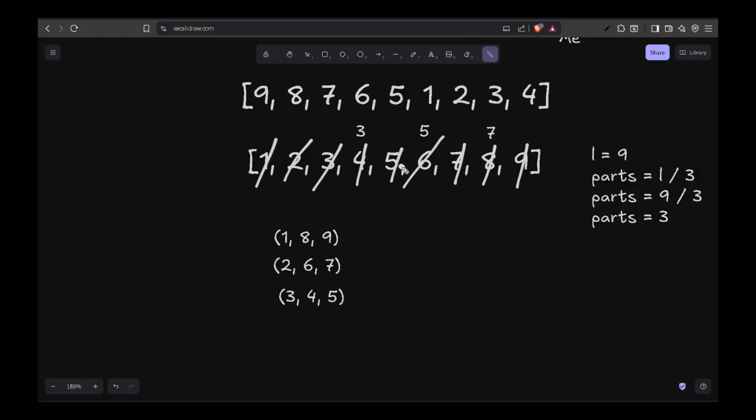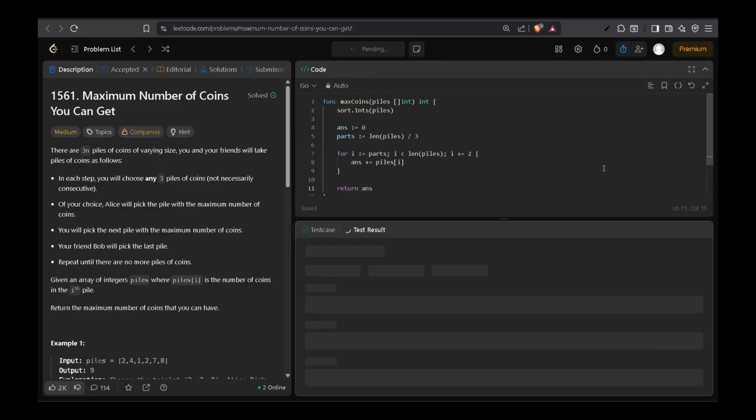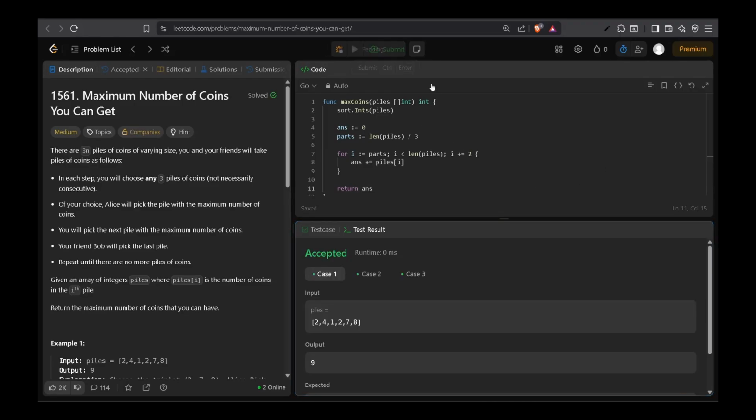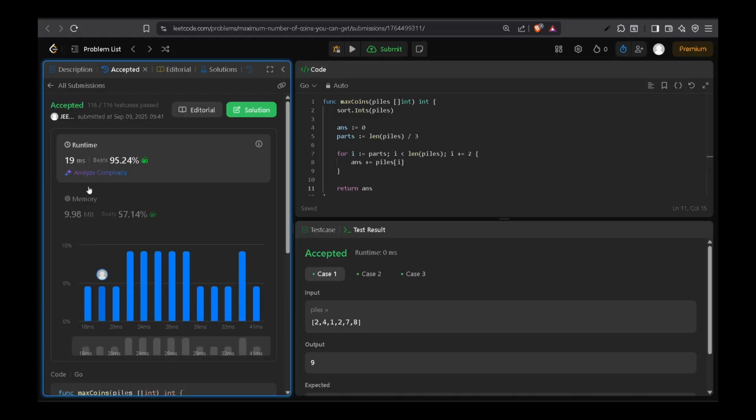That's what we do. We add every second number. Now let's run this, and it's working. Let's submit it, and it is accepted.